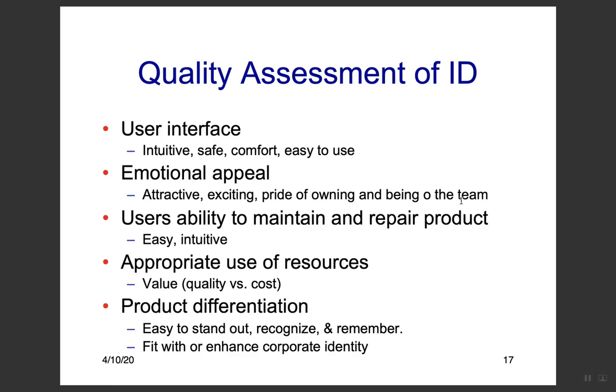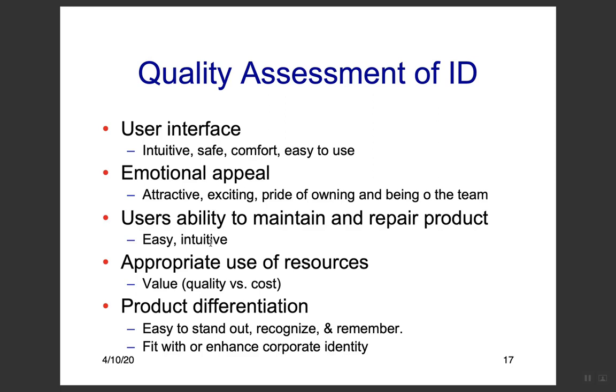And then the third one is the user's ability to maintain and repair the product. It is easy and intuitive to find the component when the product breaks. When the product cannot run well, it is easy to find the standard component. And then the fourth is appropriate use of resources, which is about components and also maintenance costs.